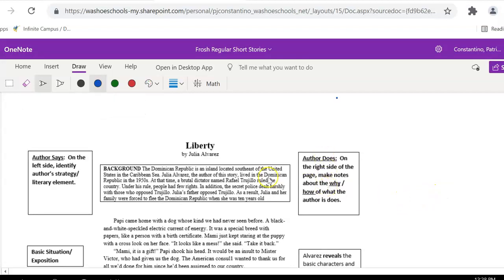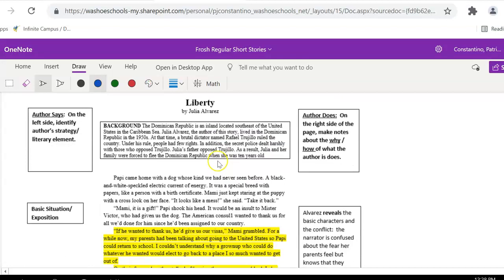So if you remember in the story, we have our main character living in a family that is trying to move to the United States. They are in the Dominican Republic under a tyrannical ruler, and the main character is Julia. And so they are trying to flee the country because her father has opposed Trujillo, the dictator.